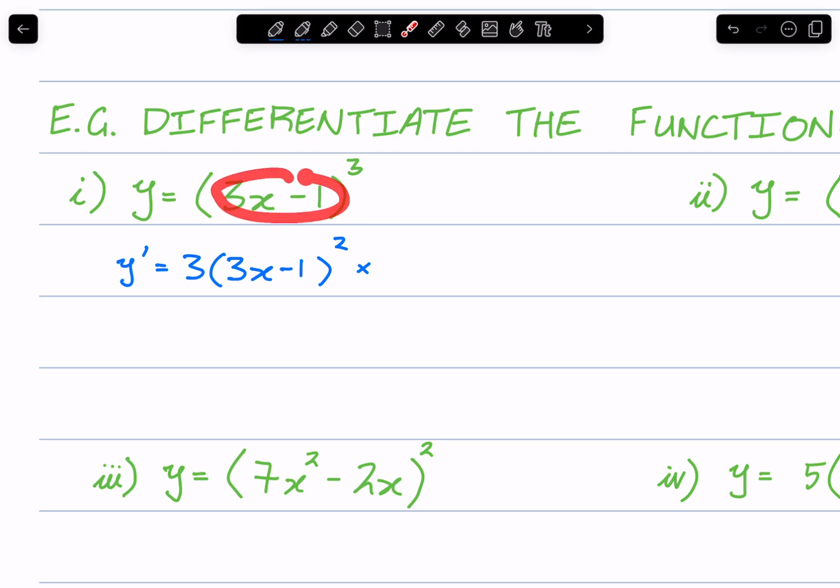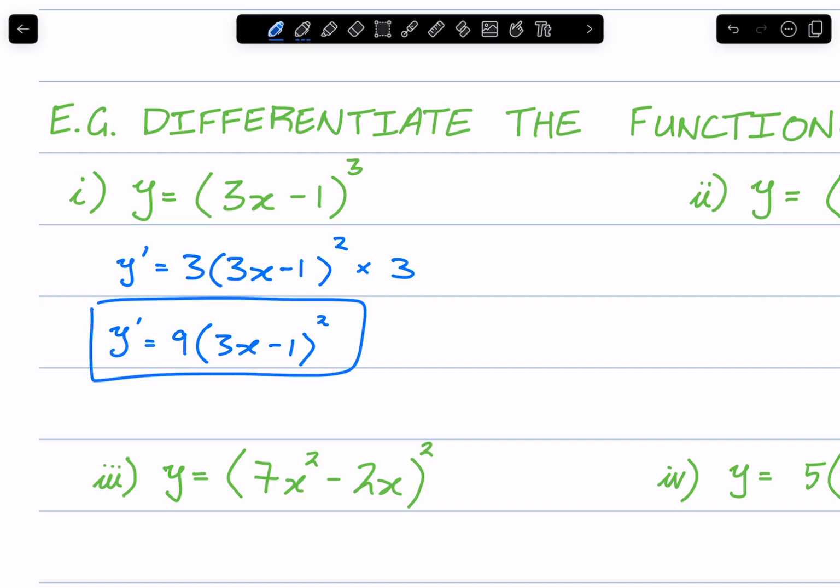Well, the inside function here is 3x minus 1. The derivative of 3x minus 1 is just 3. So this becomes 3 times 3. So summarizing this, we get y prime equals 9 times (3x minus 1) all squared. So this is the derivative of the original function.